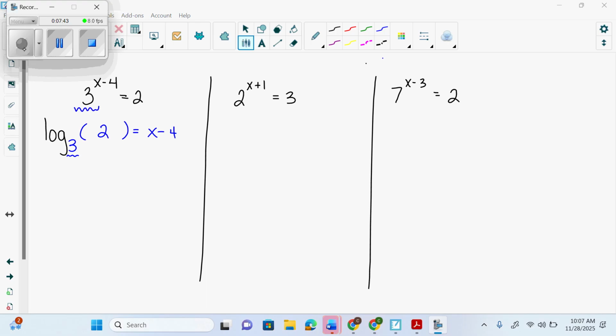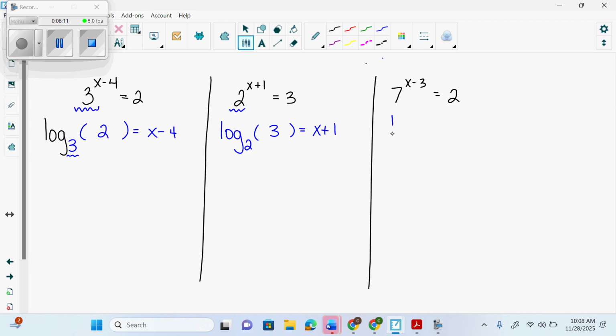For this one, we're going to get log base what? What is the base of this exponent? 2. So we should be able to do that one easily, right? That base to base should be an easy transition. What's going to go beside it? 3, because they're currently together, and it's going to equal the exponent, x plus 1.